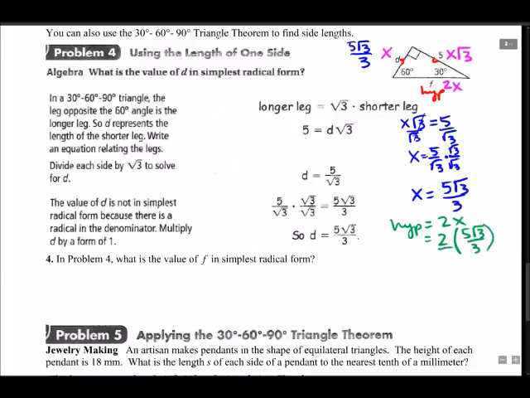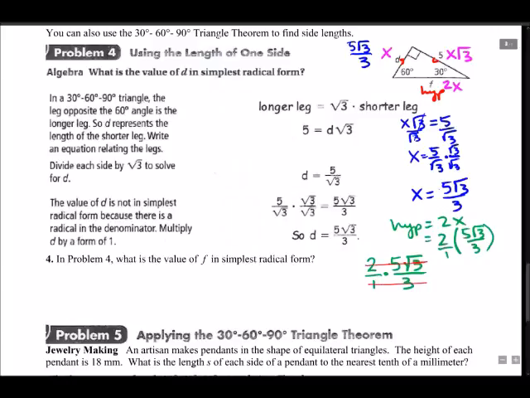How do we deal with fractions? Everybody's a fraction, so put that over 1. I have 2 over 1 times 5 times the square root of 3 over 3. How do you deal with fractions? You just multiply straight across, right?